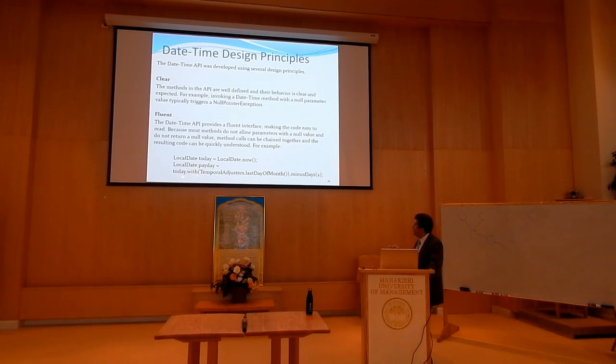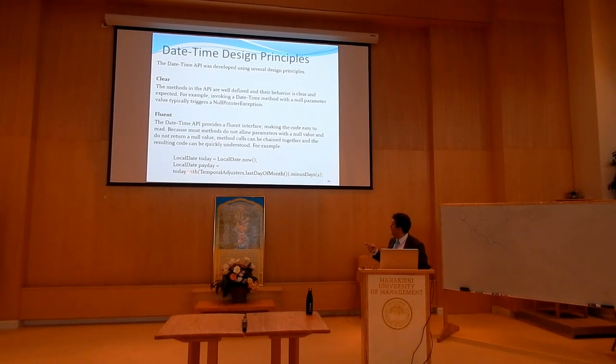And the other thing about fluent is, for example, you have a local date, and here's how you do that. You create, and here's the other thing about these classes. You don't say new LocalDate. They have private constructors, so you can't do that. You have to call the factory method on those classes to create objects.